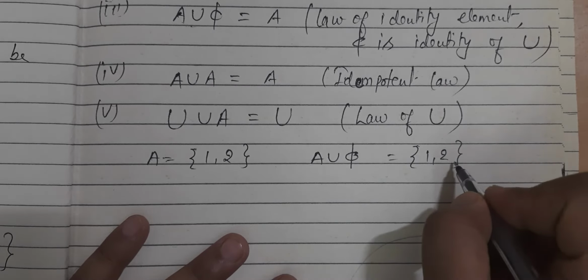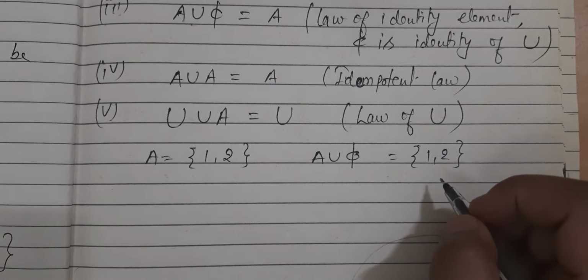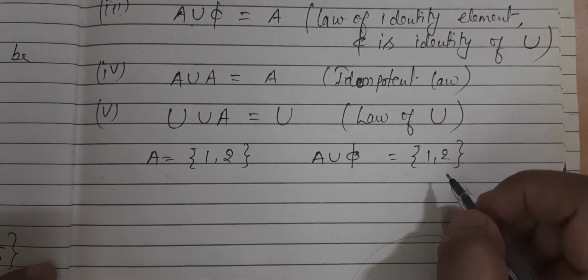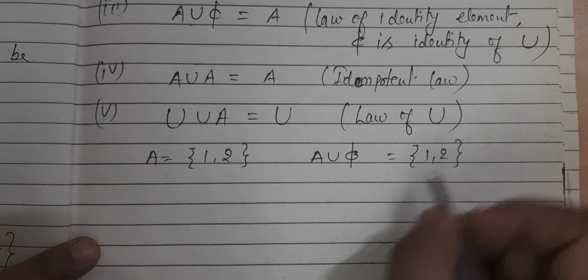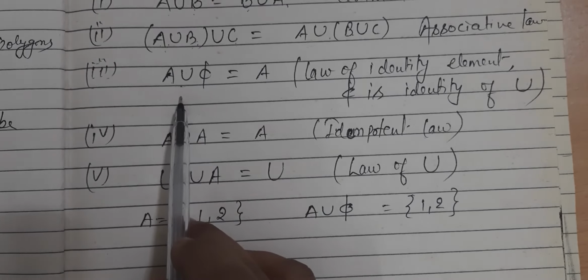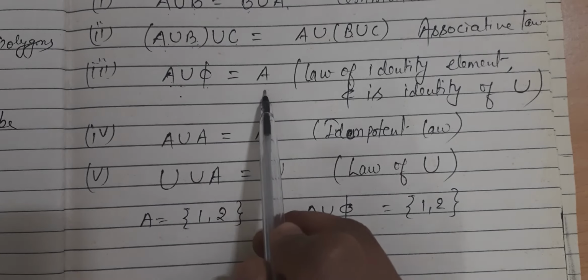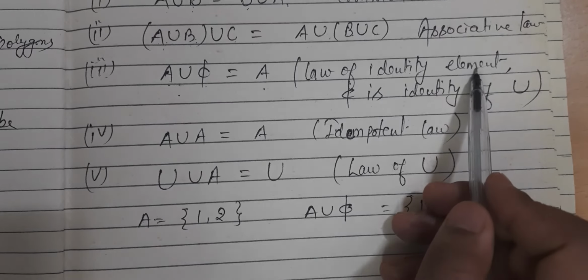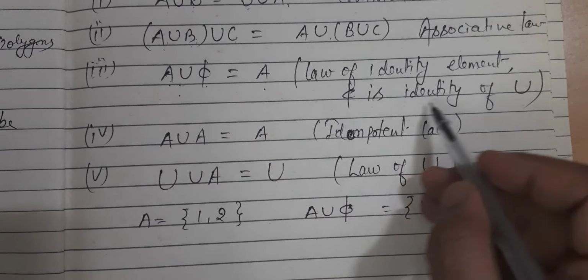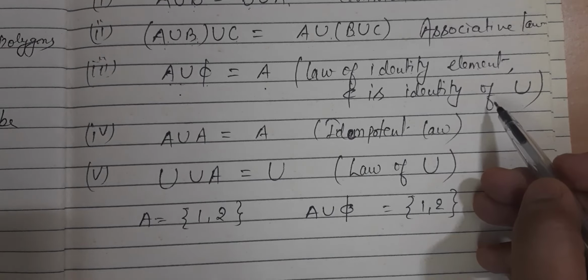So no need to write phi here. Phi is the subset of all the sets, so no need to write it here, but it is understood that phi is here. So the union of A, meaning any set, and phi is always that set. So this is called the law of identity element, because phi is the identity of union.